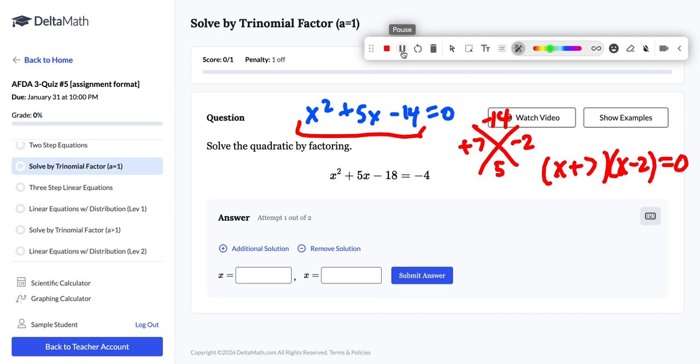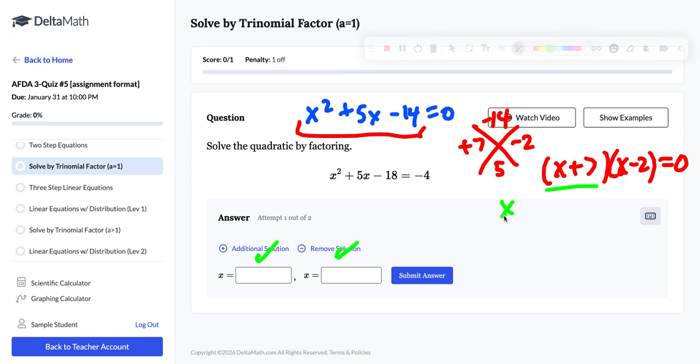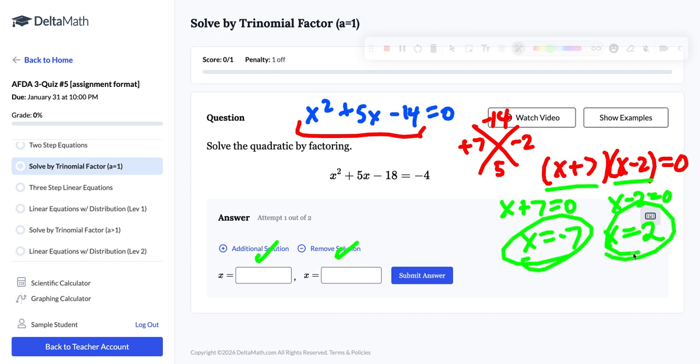But then to get these solutions, you're going to set this equal to 0. x plus 7 equals 0, so x is -7. Same with this. x minus 2 equals 0. Well, then x must be 2. So your answer is x equals -7 and x equals 2.